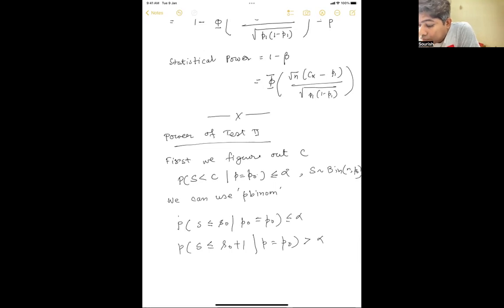Then we can say C is equal to S naught. That is what we are going to do here, and we will use R to figure it out.